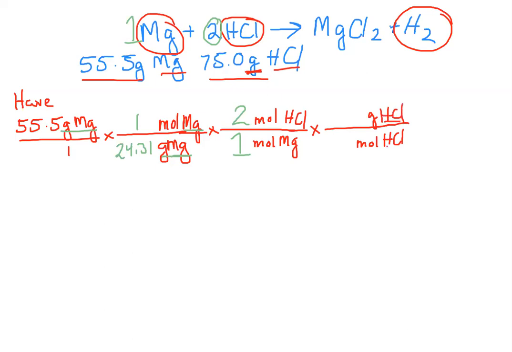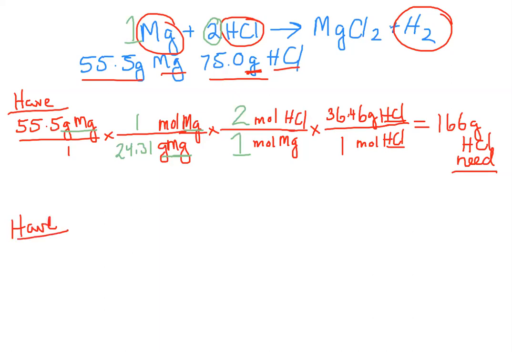Since these match, a 1 goes here, and these grams come from the periodic table, which is 36.46 grams. You're going to do all of this on your calculator, and you're going to get 166 grams of HCl. That's what we need. So we got what we have, what we need. Now we got to do the other one.